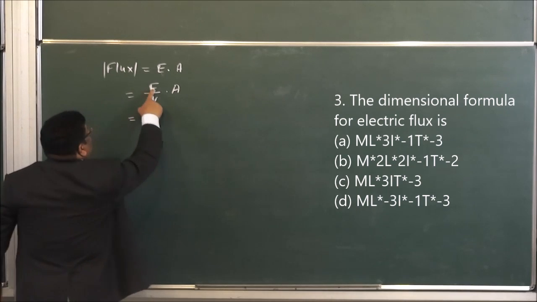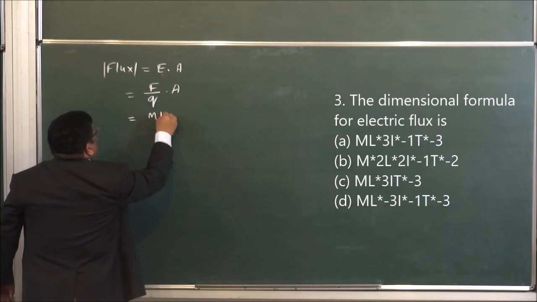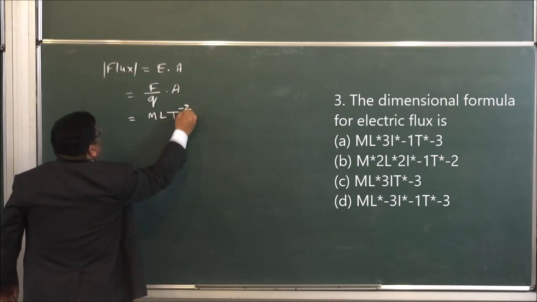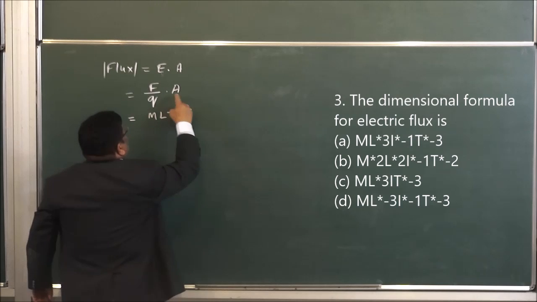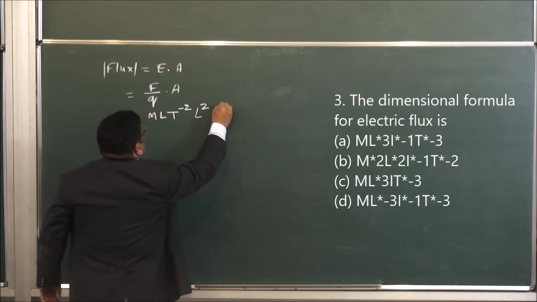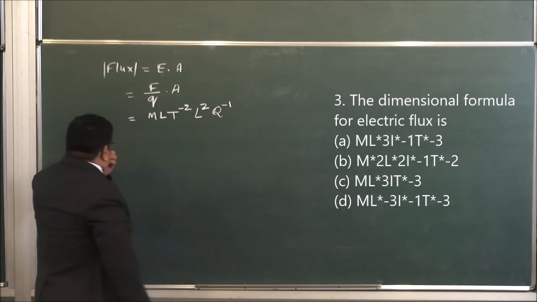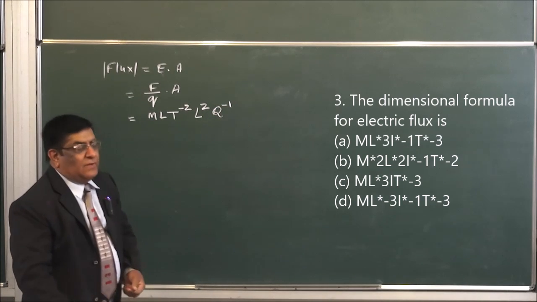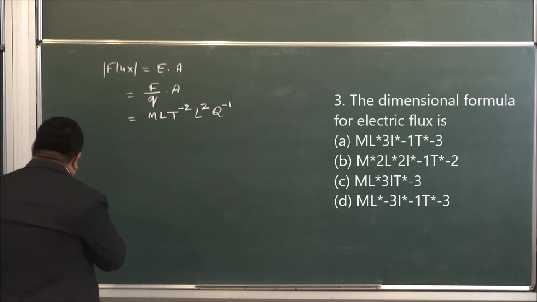So, this is M L T minus 2, area L2, and this is Q minus 1. Now, we will see in the question whether they have put charges or they have put current.